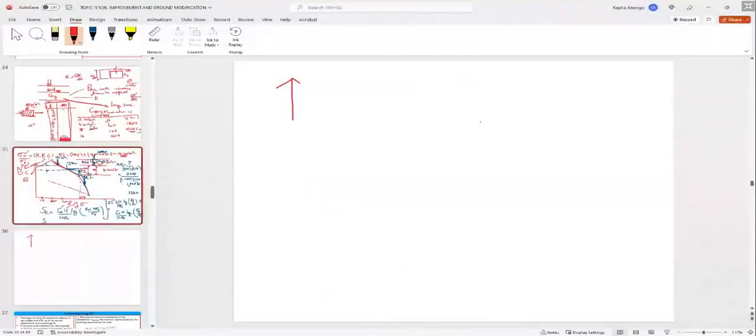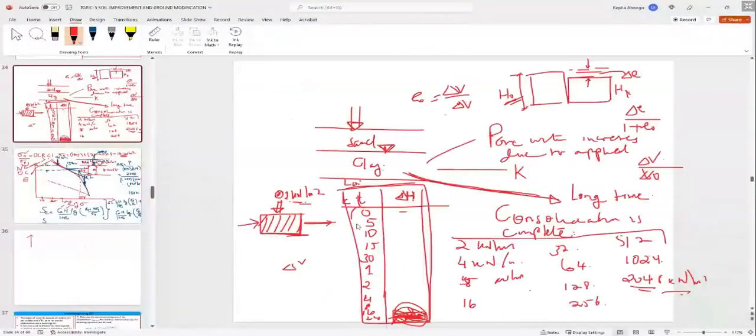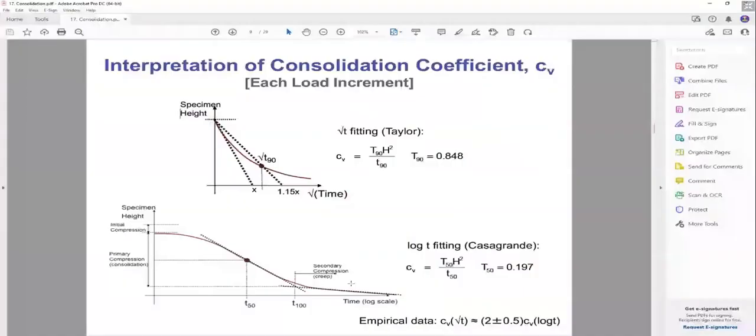You remember this? For each loading, we got the specimen height and time. You'll put time in minutes, and you're going to get a curve like that.